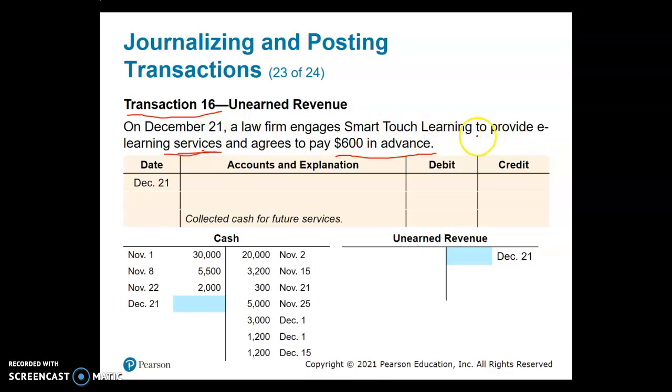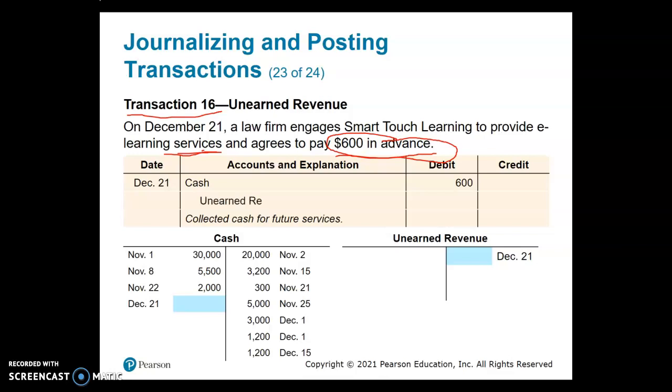It says they are going to provide e-learning services, and they agree to pay $600 in advance. So the accounts affected will be cash and unearned revenue. Cash is an asset, and SmartTouch has received the cash. So cash went up, that's your debit.